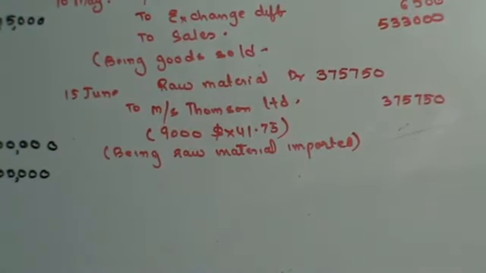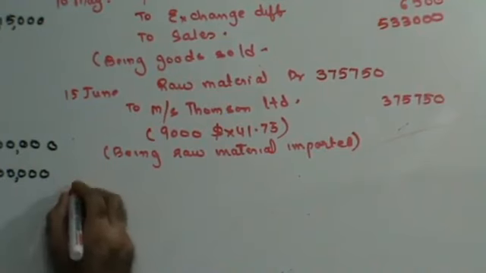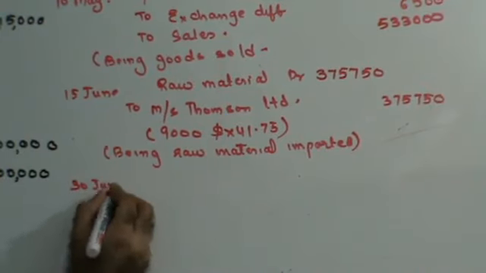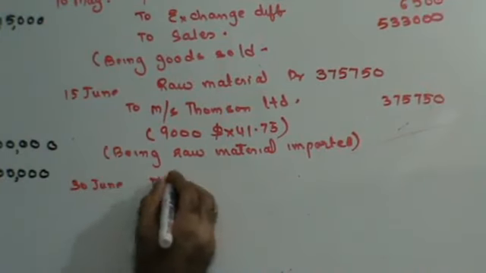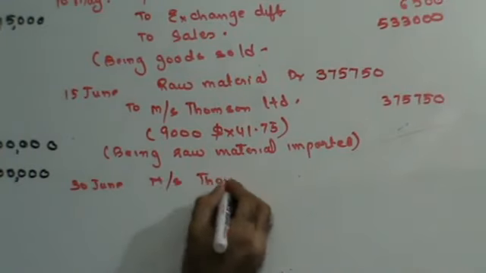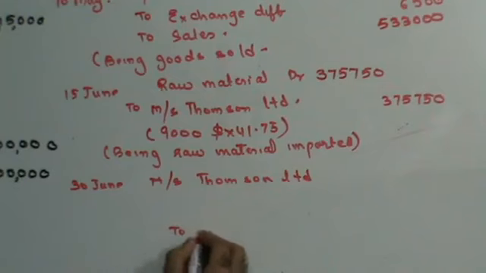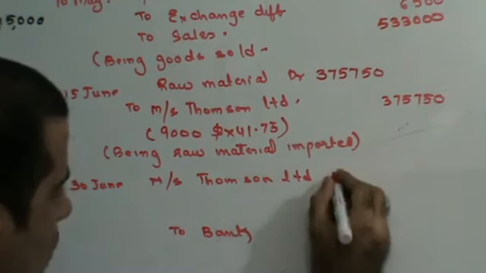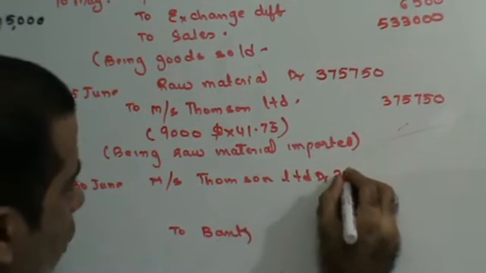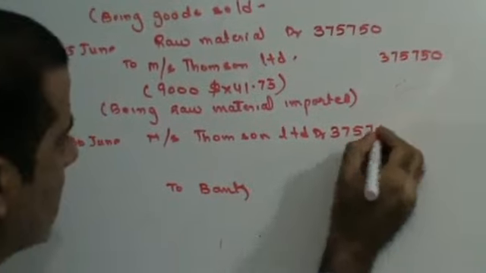Now, raw material from Italy, and the payment was made on 30th June. Right? On 30th June, you are making a payment. Debit the receiver, Messrs. Thomson Limited. You are making a payment. Debit what comes in, credit what goes out. Money is going out. Thomson, you just have written that entry that you had imported goods of 3,75,750.